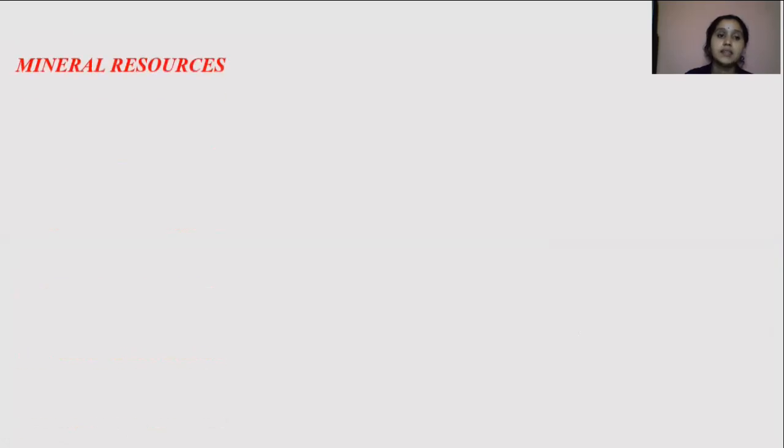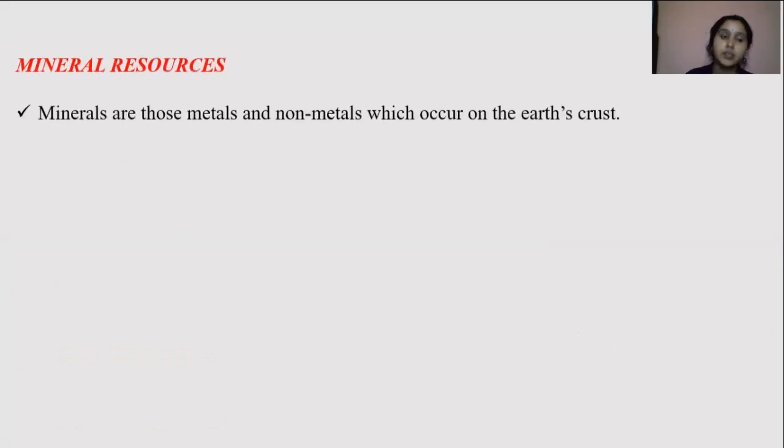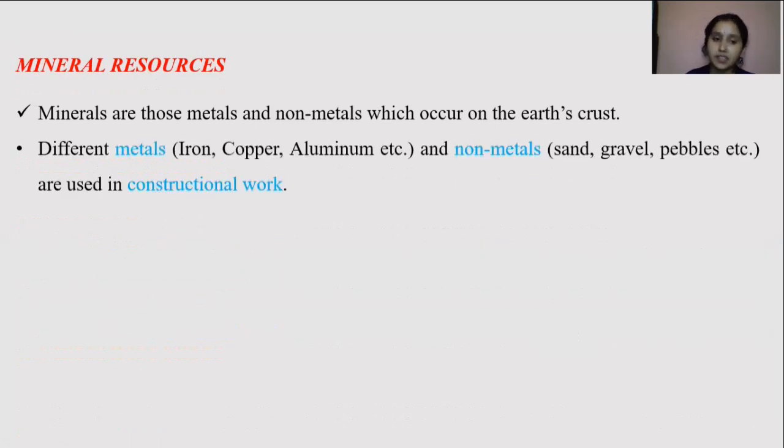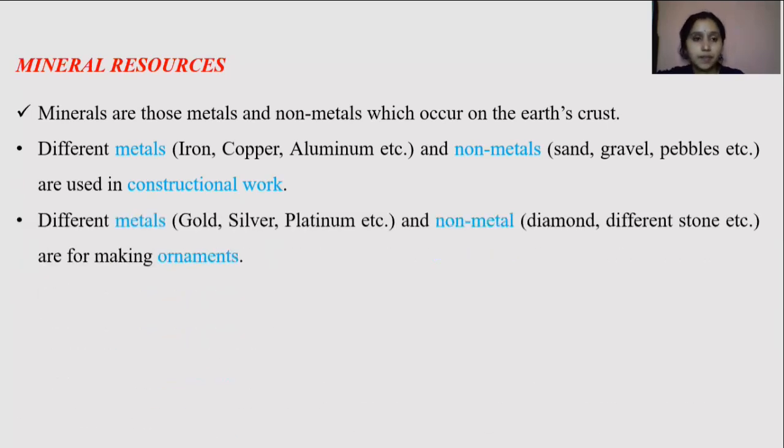And next, mineral resources. Minerals are those natural resources which are metals and non-metals and occur in the Earth's crust. Different metals like iron, copper, aluminium, and non-metals like sand, gravel, pebbles are used in constructional work. Different metals like gold, silver, platinum, and non-metals like diamond and different stones are used for making ornaments.